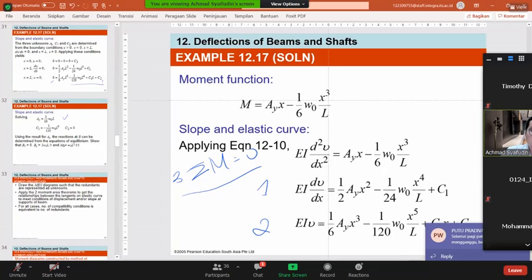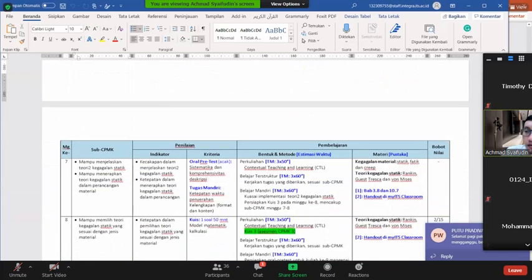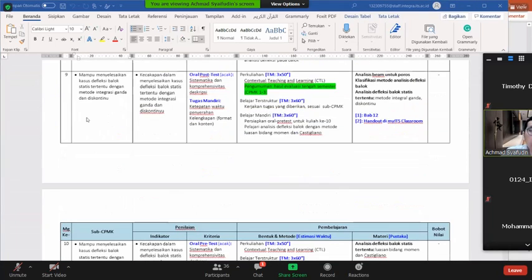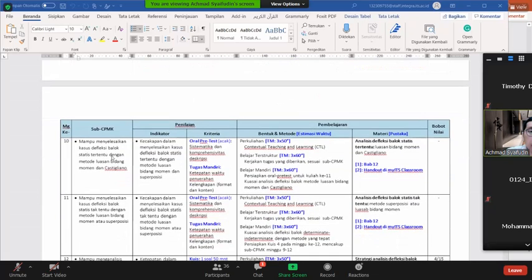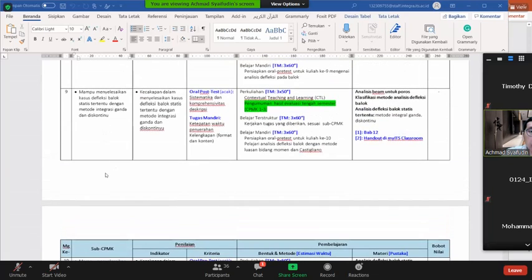Okay, I will show you the plan. Week 9 is about the concept of deflection and the double integration method.